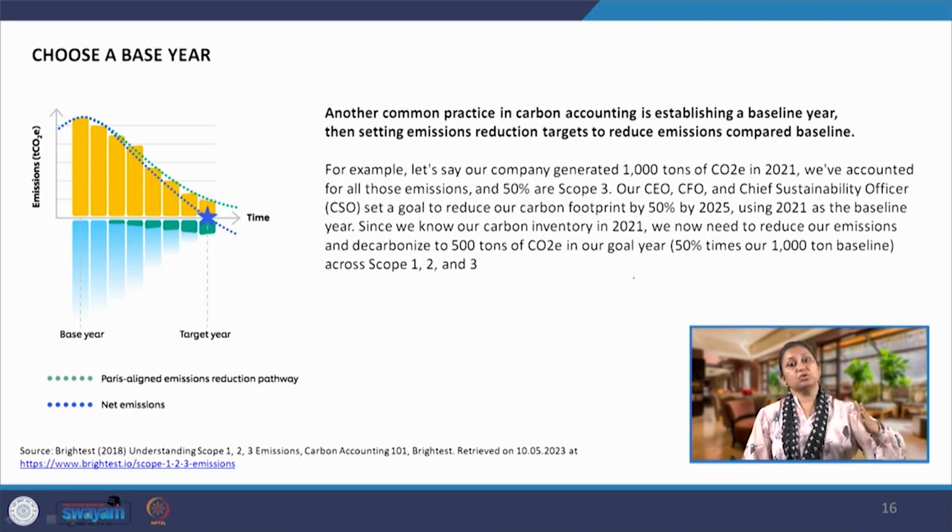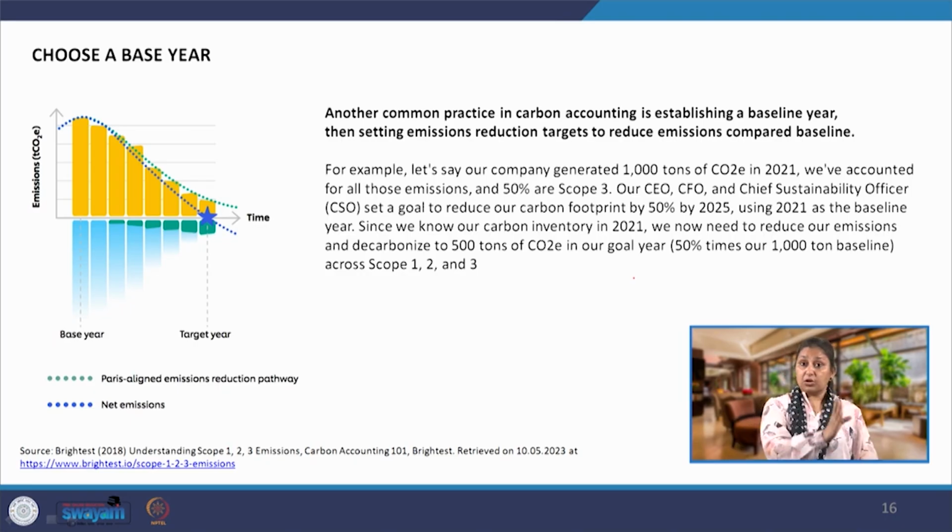So, I can choose the base year as 2018 and calculate all the greenhouse gas emissions based upon 2018 data for the baseline, and then I set a target for myself that okay, by 2030 I would have reduced the emissions from that baseline of 2018 by 50%.